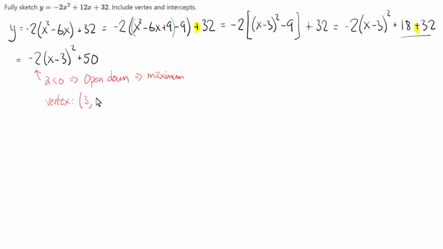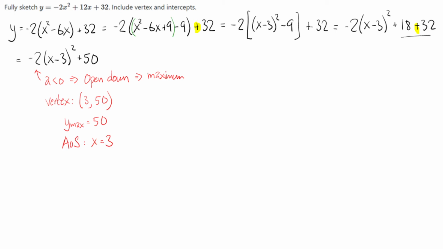The y-coordinate is 50. That means that our maximum, y max, equals 50. Our axis of symmetry is going to be x equals 3.